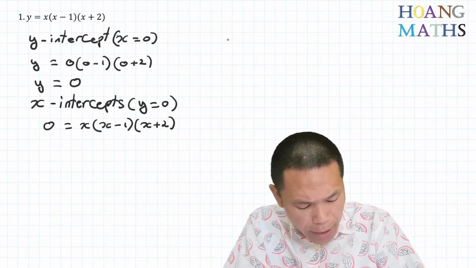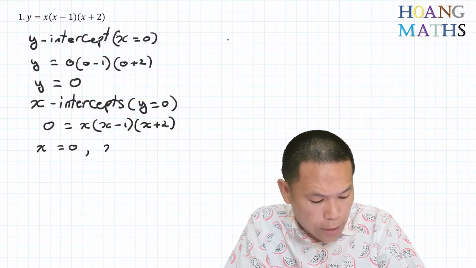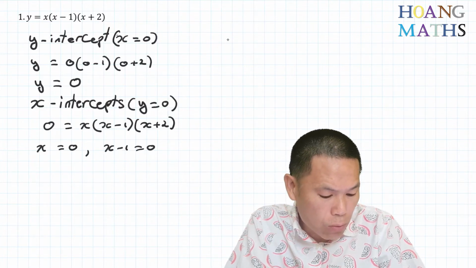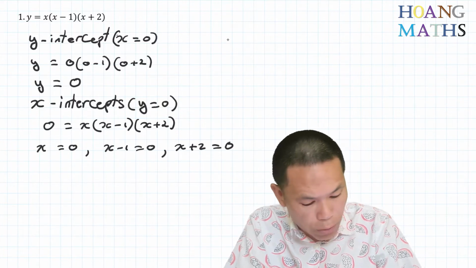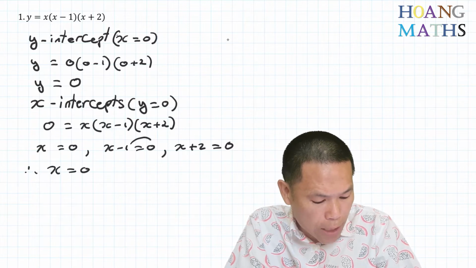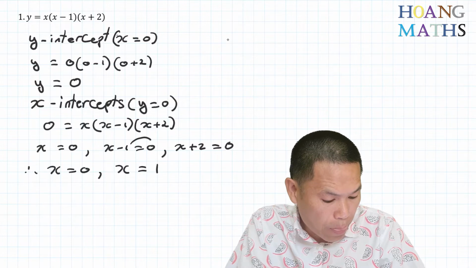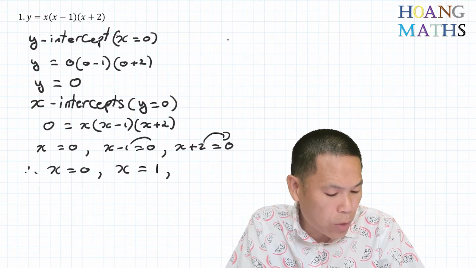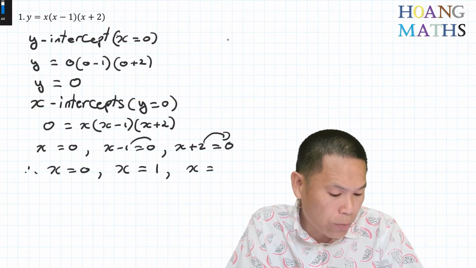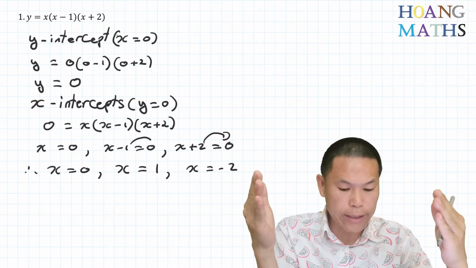So this means that x is equal to 0, x minus 1 is equal to 0, and x plus 2 is equal to 0. Therefore x equals 0, I move this to the other side, which becomes plus 1, and you move the 2 to this side, so x equals negative 2. So we have the x-intercepts and the y-intercept.